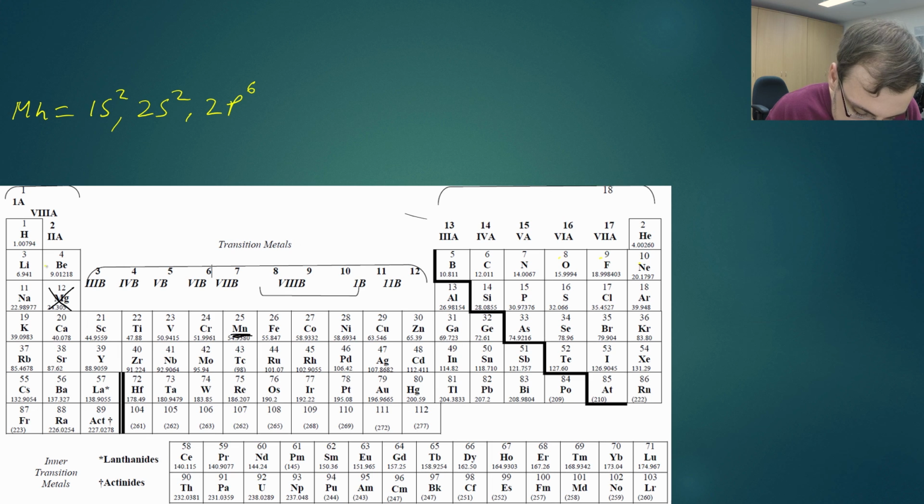Now we go down to the next level, which is level 3. 3s, 1, 2, so 3s2. Again, we move all the way over to here, and we go 3p, 1, 2, 3, 4, 5, 6. Now we go down to the next level, which is 4s, 4s2.